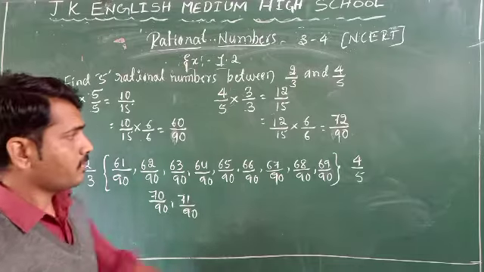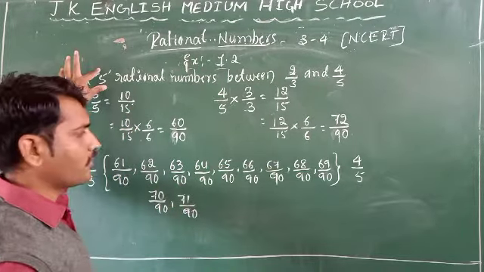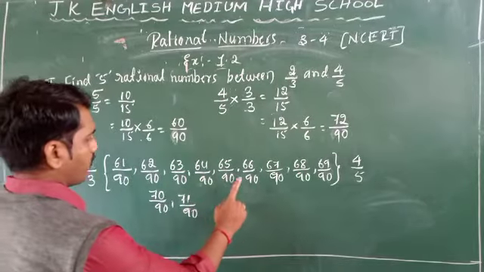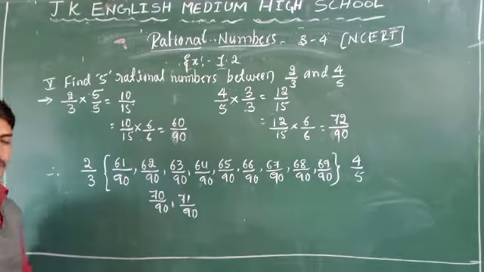Up to 71 we can write. How many did he ask? Only 5. How many have we written? 1, 2, 3, 4, 5, 6, 7, 8, 9, 10, 11 numbers we got.